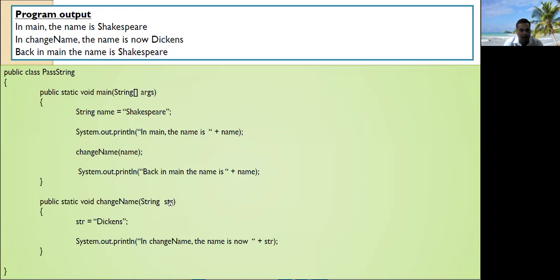Here the value of str is changed to deacon, and when the method is called here, it will print the output as deacon.